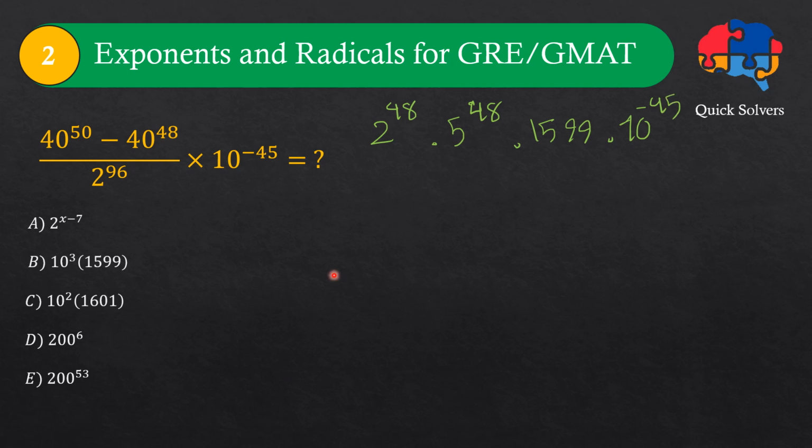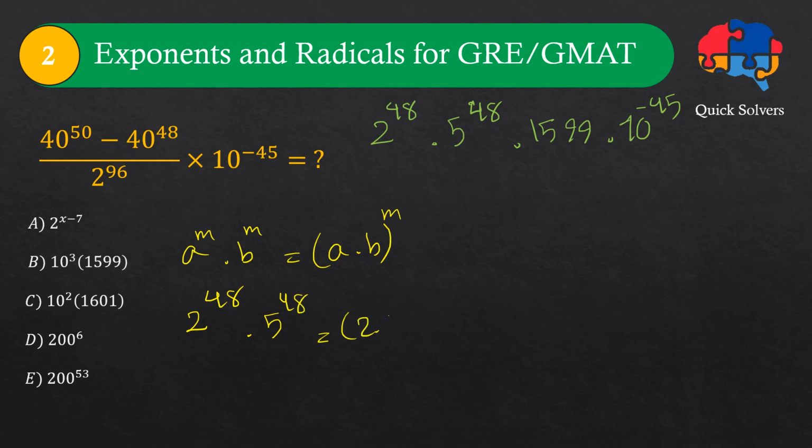Here you see that we have 2 to the power of 48 times 5 to the power of 48. Obviously, when we have a to the power of m times b to the power of m, I can rewrite this as a times b to the power of m. And this is very good because 2 to the power of 48 times 5 to the power of 48 equals 2 times 5 to the power of 48, which is 10 to the power of 48.